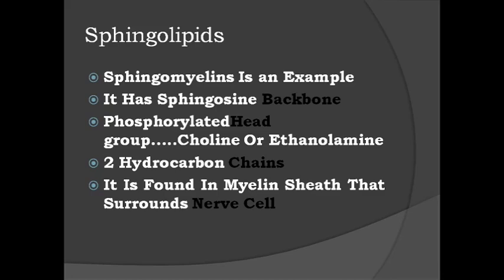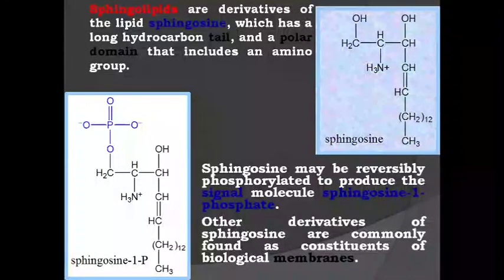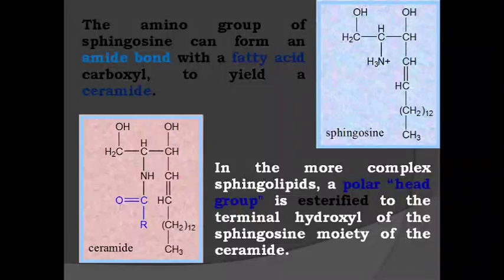Another type of sphingolipids, like cerebrosides and gangliosides, are also made from the sphingosine backbone. These lipids have one or more sugar residues in the place of phosphorylated head groups.